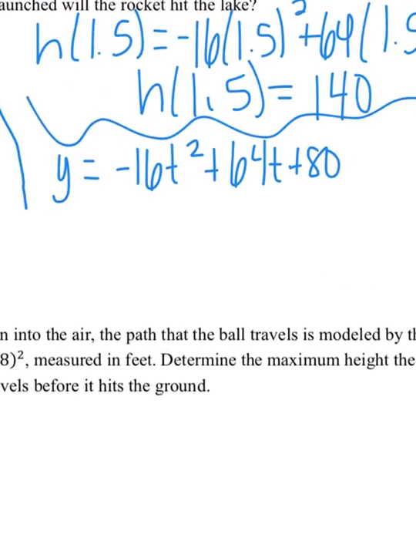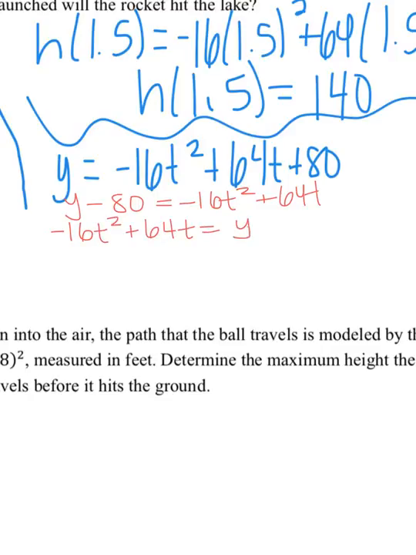We're going to put this in vertex form. Ready? So we are going to do y minus 80 equals negative 16t squared plus 64t. I'm going to switch the sides. Negative 16t squared plus 64t equals y minus 80.